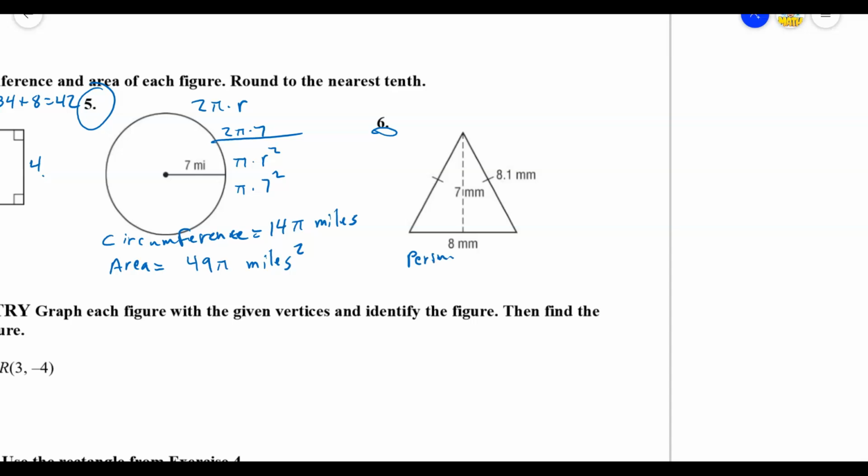So for perimeter, we had to acknowledge here that there's another 8.1 here. Hopefully we didn't miss that. So I would need 8.1 plus 8.1 plus another 8. And we add those up and should get 24.2 millimeters.